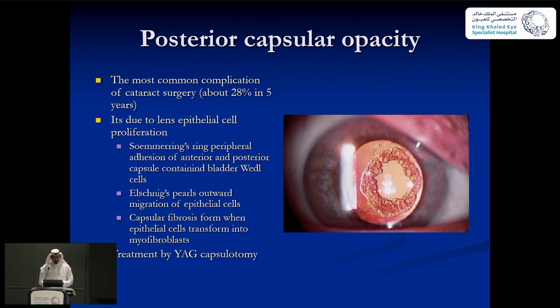Elschnig pearls are the outward migration of epithelial cells that can end up in a picture like this in the photo. The capsule fibrosis can arise from the transformation of the epithelial cells into myofibroblasts. The treatment is by YAG capsulotomy.